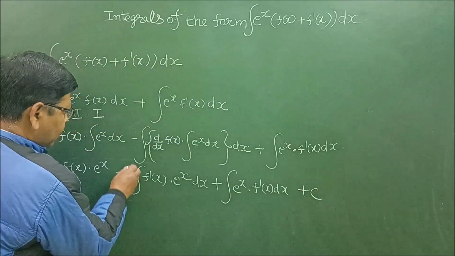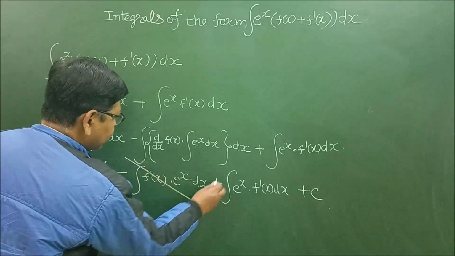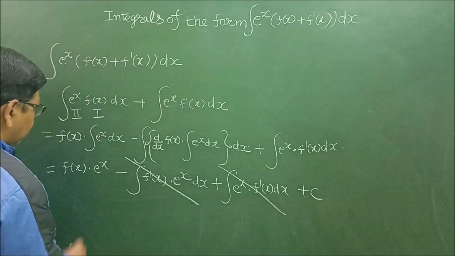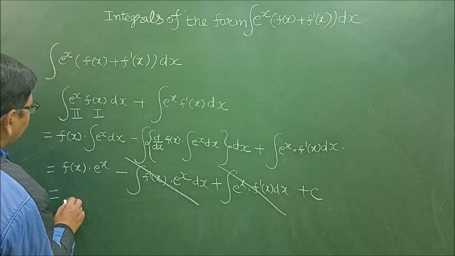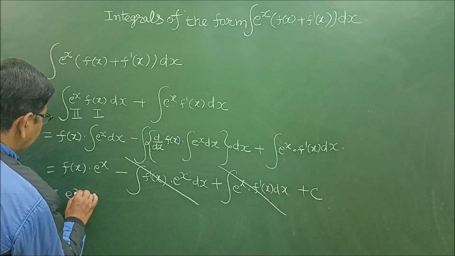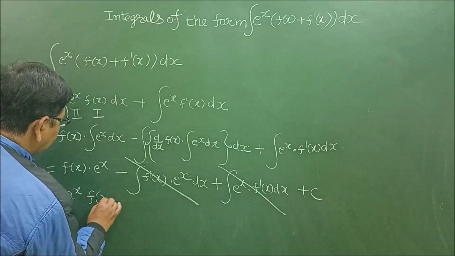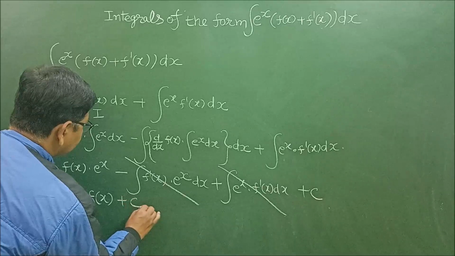Here these two integrals get cancelled. So the final value of this integral is e raised to the power x f(x) plus c.